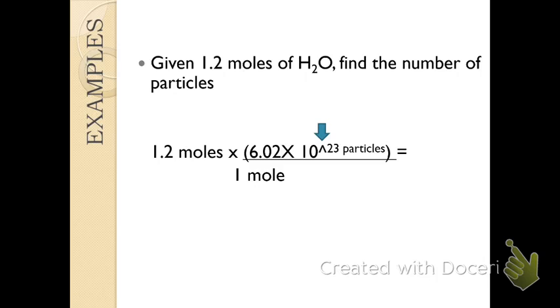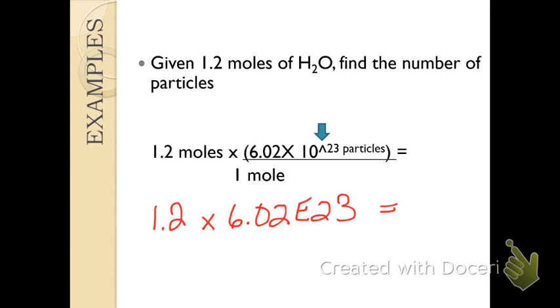So what I want you to do, and depends on what calculator you have, you're either going to clear your calculator. If you are going to use the E key, you're going to put 1.2 times 6.02 e to 23 equals.